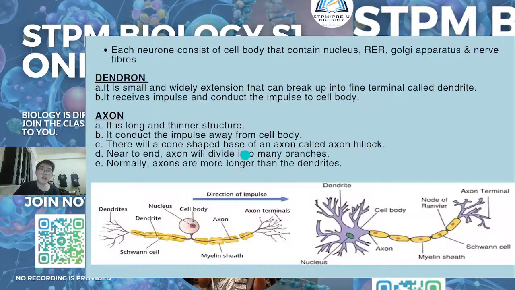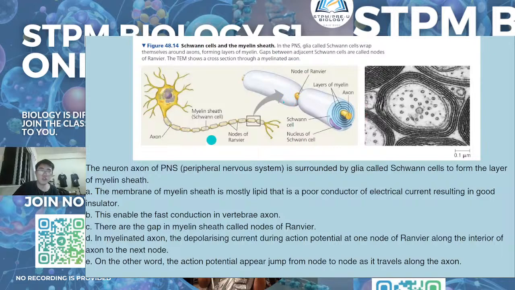But if we have the myelin sheath, our nerve impulse can jump. It will come out here and jump to here. It will not transmit along the way, it jumps. This is the mechanism.